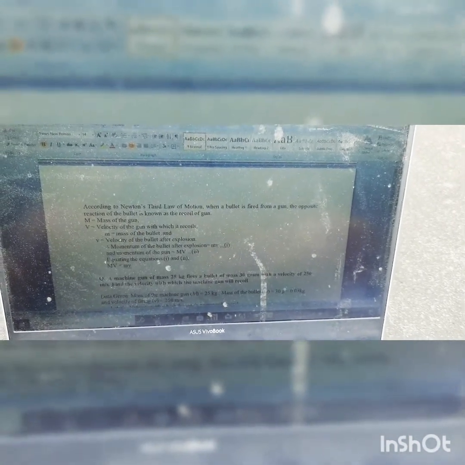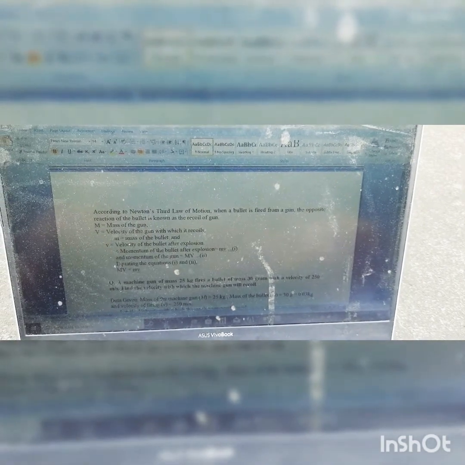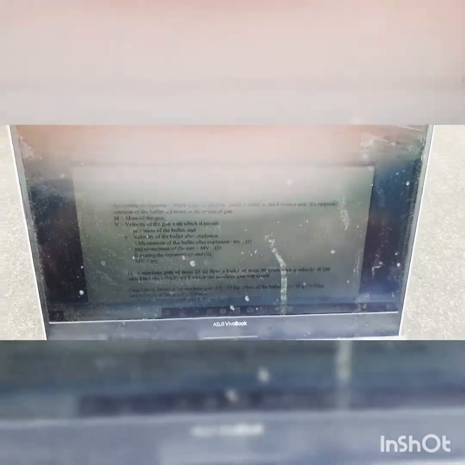So if we know the mass of the gun, the mass of the bullet, and the velocity of one of them, then we can find the velocity of the other. This is one important topic for your examination. I've seen that most of the time questions come from this topic, so you should practice questions on the recoil of a gun. We'll solve problems related to this.